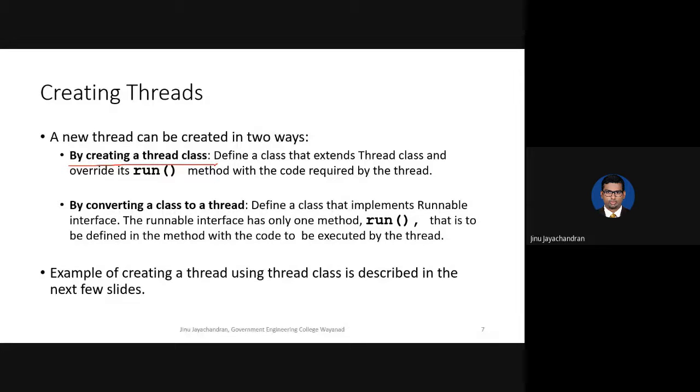The first way is using the Thread class. As I said earlier, the Thread class is already defined in Java. You need to inherit the class and implement the run method. There is another way, by converting a class to a thread, which means you implement an interface called Runnable. By implementing the method of the Runnable interface, which is called run, you can create a thread.